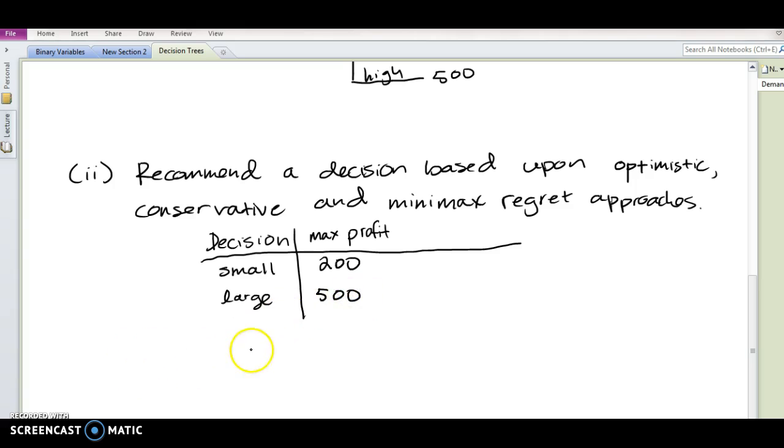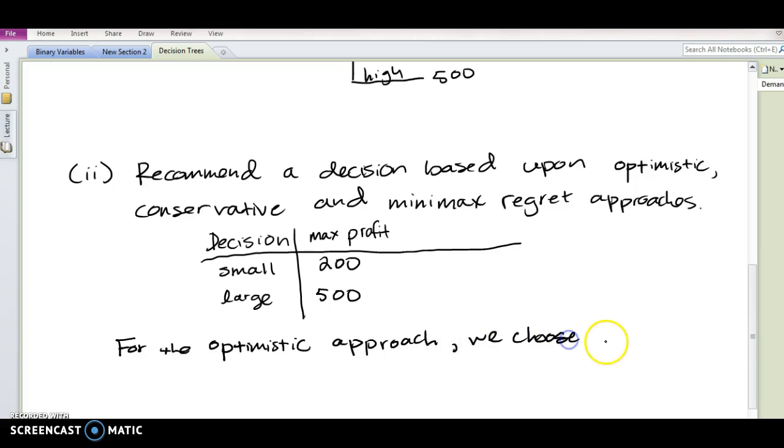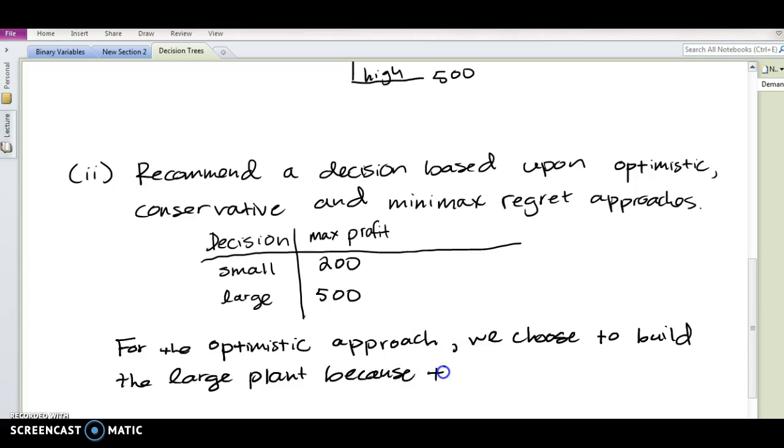So this basically tells us for the optimistic approach, we choose to build a large plant because there is a possibility for a much larger maximum profit.